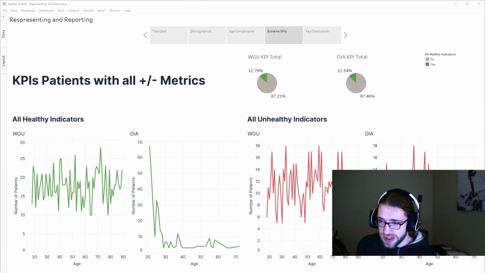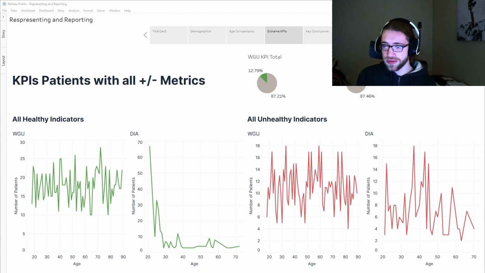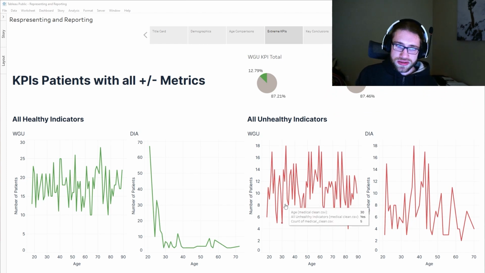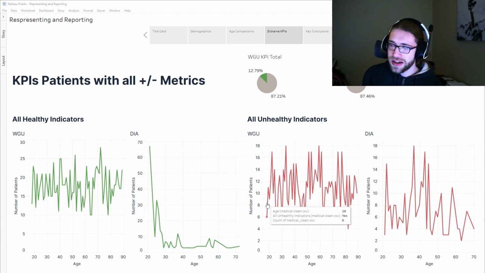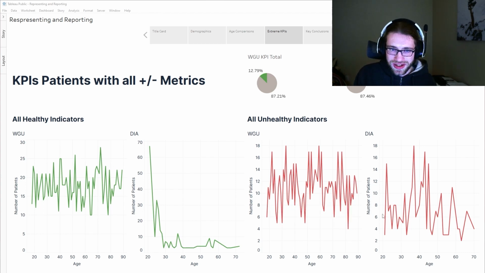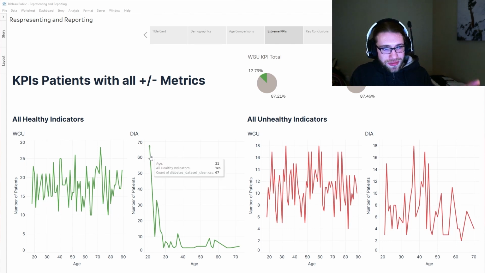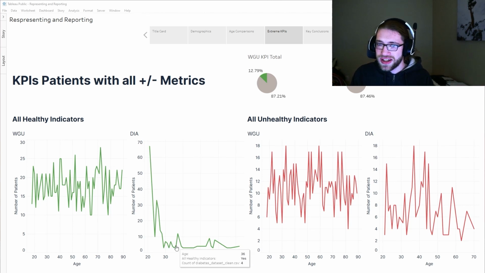As a comparison, we also have the all unhealthy indicators on the right here, where we can see we're steady as well. There are about the same amount of unhealthy 20-year-olds as there are unhealthy 80-year-olds. But DIA has a larger amount around the middle, around 40 and 50, and then they stay around the same amount of unhealthy indicators across the entire age range, while at the same time they're drastically dropping in the amount of all healthy indicators.